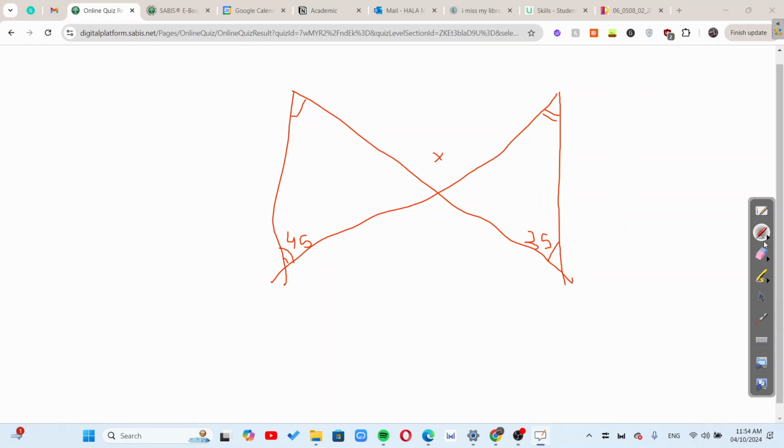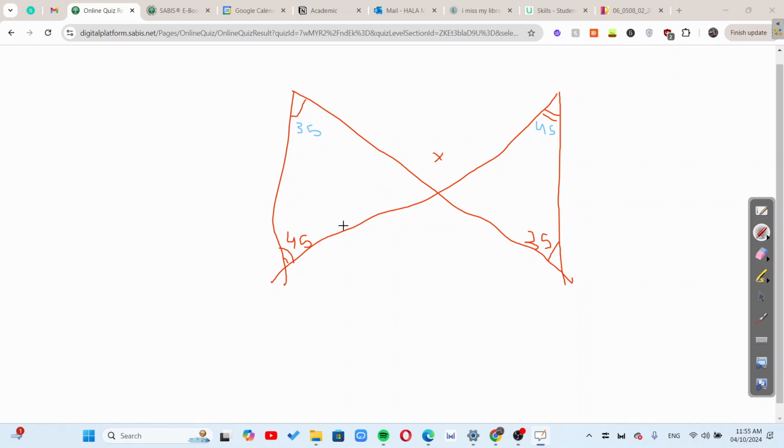So if this angle is 45, then this is 45. And if this is 35, this is also 35. And we know that these are supposed to be straight lines, by the way, guys. Excuse my lines.